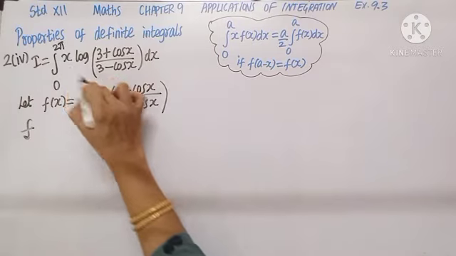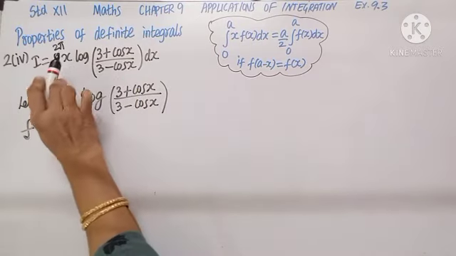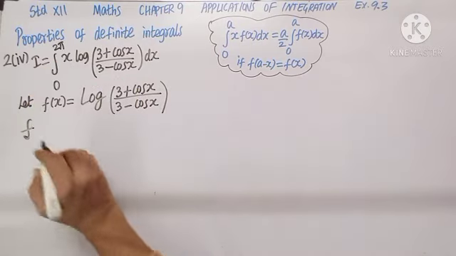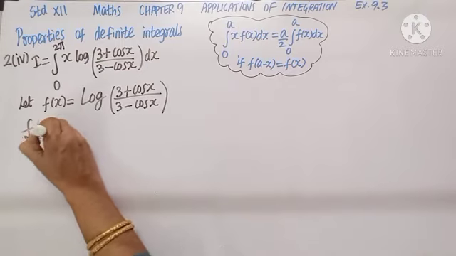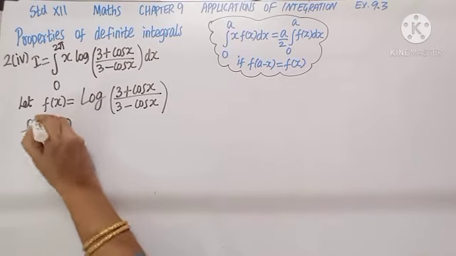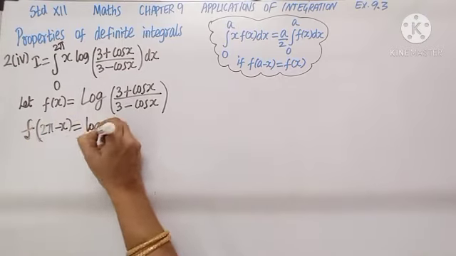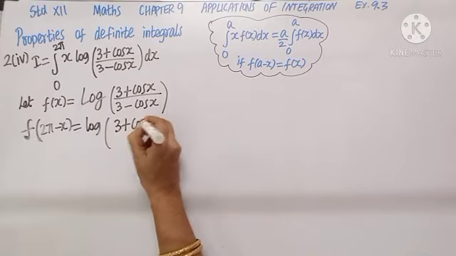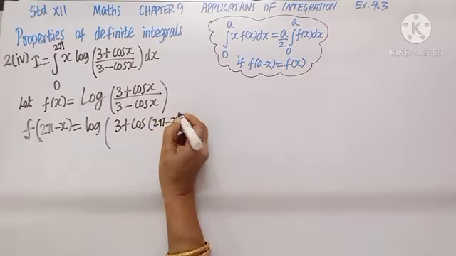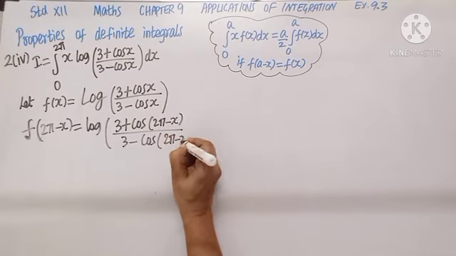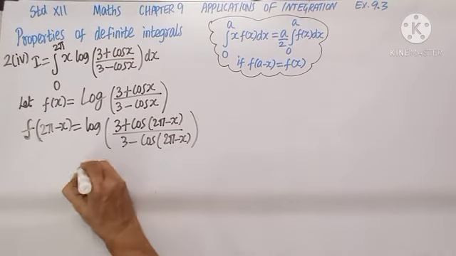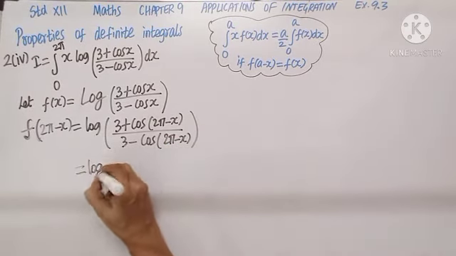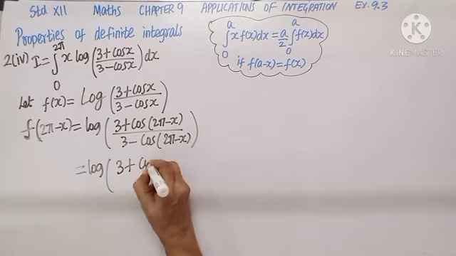Consider this term as f of x, whatever is other than x. Find out f of 2 pi minus x. Log, wherever x is coming, put 2 pi minus x. Remember the formula. Cos of 2 pi minus x is cos x only.